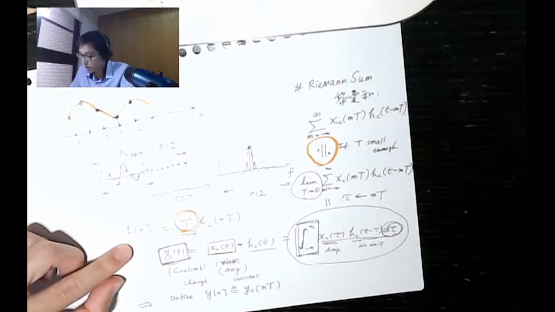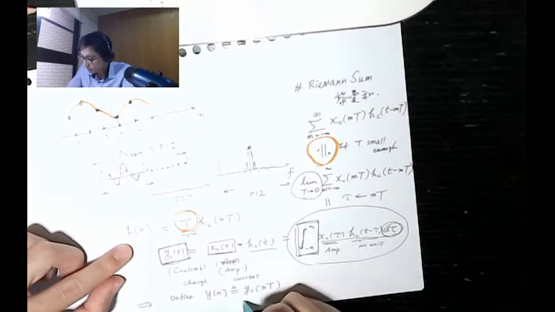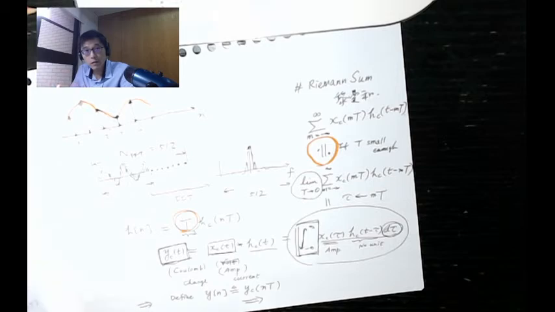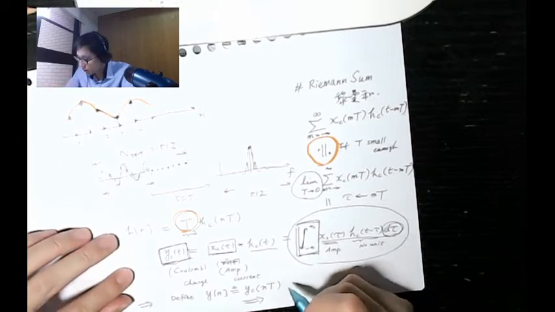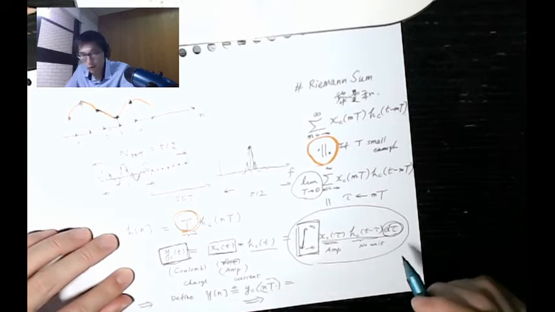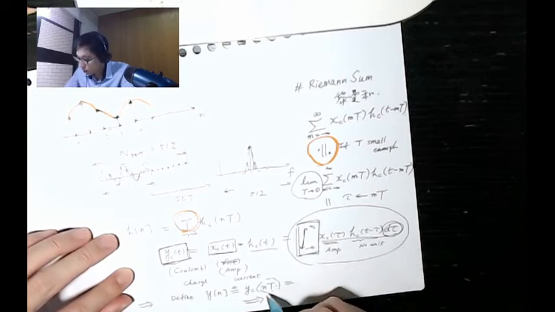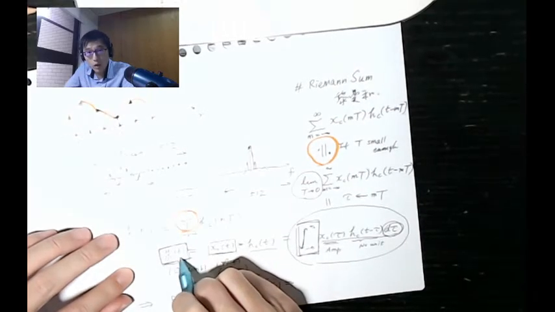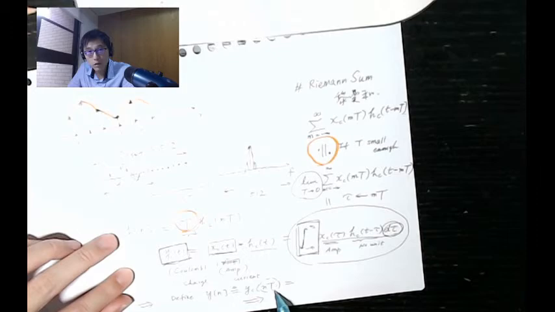We can do that. Then I want you to check that in this setup, all we need to do, let me go a few steps further, is substitute this time t with n times capital T.